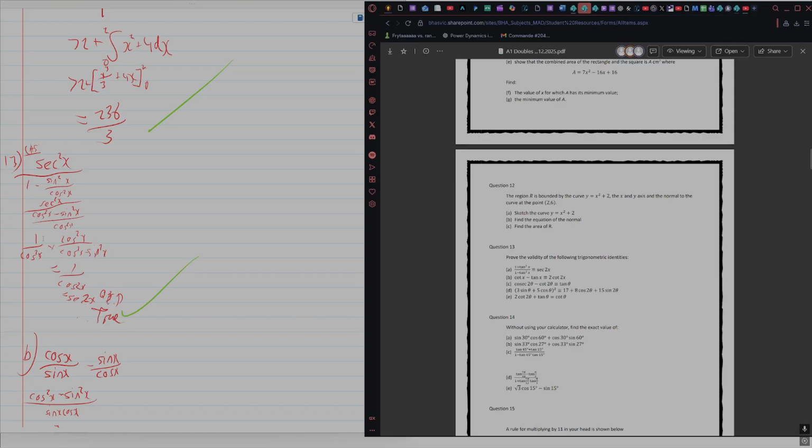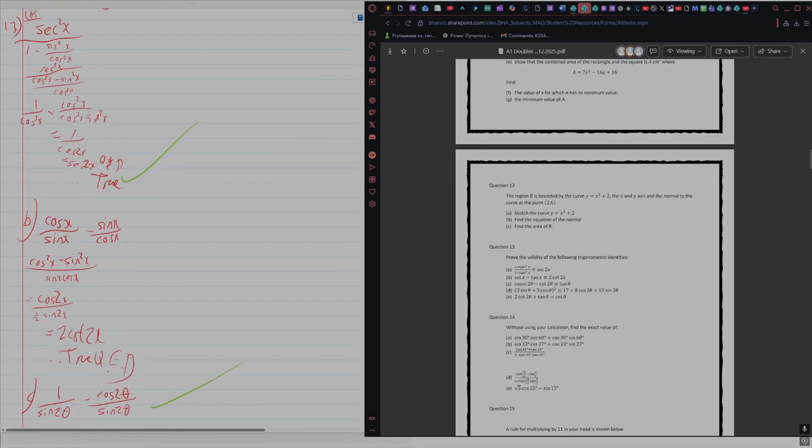And then you can rewrite this as 1 over cos squared, so sec squared, times the reciprocal of the denominator, just because that's how you divide fractions. And then the cos squared terms will cancel out, and then cos squared minus sine squared is just cos 2x, and that becomes sec 2x. Next question, I just combined the fractions, and then it became what I wanted it to become.